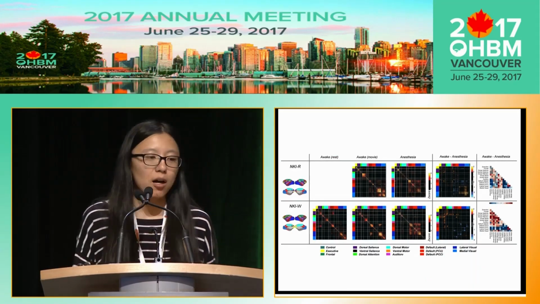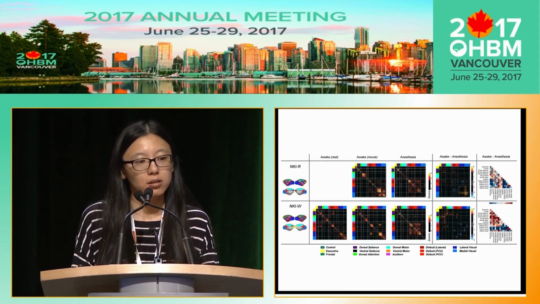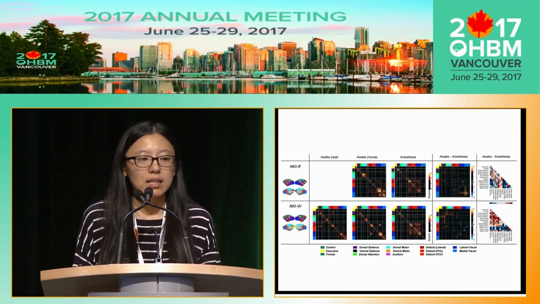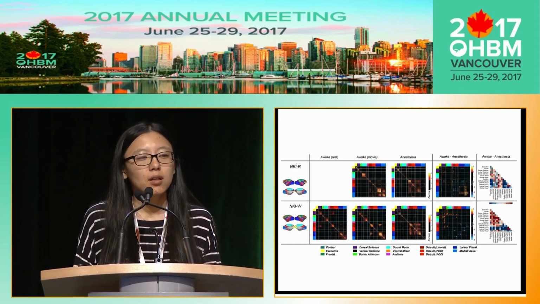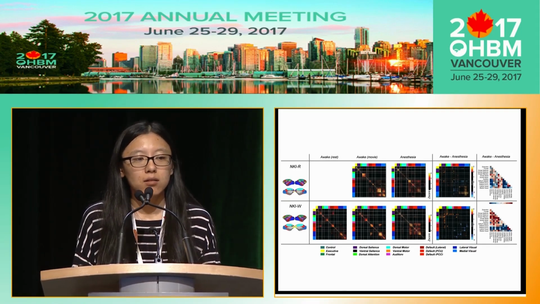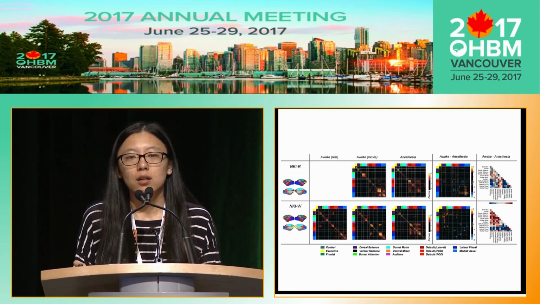So let's look at what the functional connectivity in the different states looks like. So we can see here the top left two are the functional connectivity while they are awake, pure rest, and while they're watching a movie. And they're pretty much similar, except that the visual network is more connected to each other in the movie paradigm.